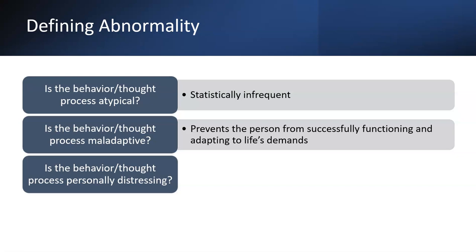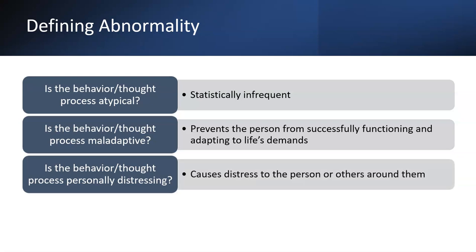You could also talk about normality and abnormality in terms of the degree to which people experience distress. So the question you ask there is, are the behaviors, thoughts, feelings distressing to the person? And then there's an important addition here. Is what you're seeing distressing to other people around them?